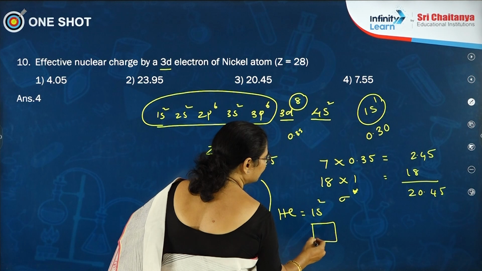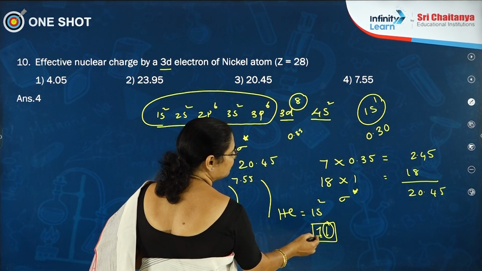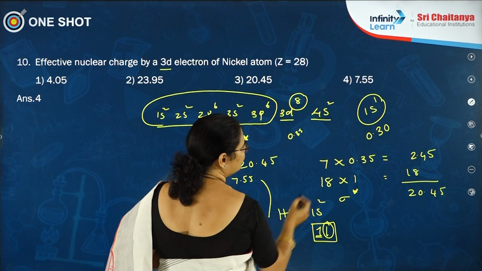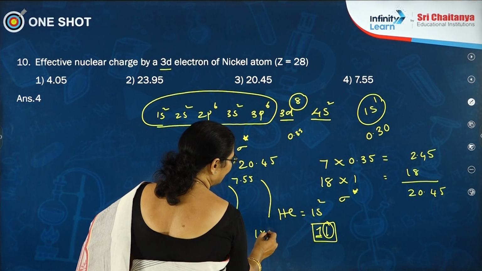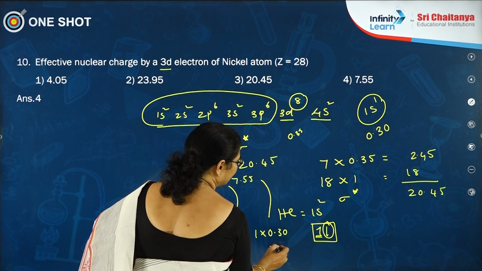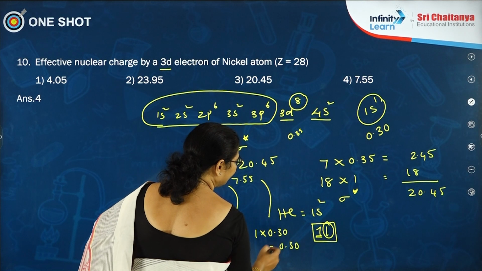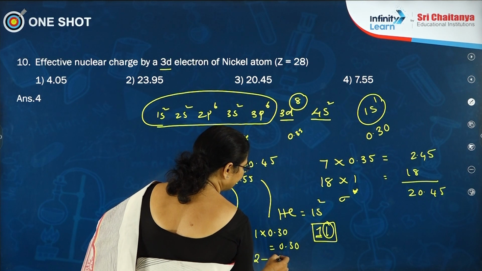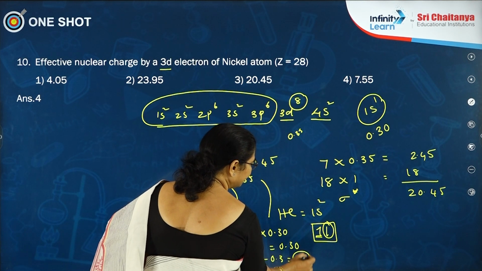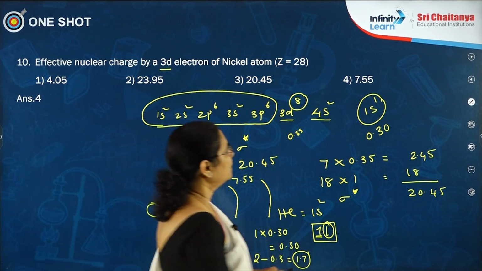So, 2 electrons are present, we are finding the screening for the second electron, and the other 1s electron provides 0.3. So, 1 into 0.30 is 0.30. The atomic number of helium is 2, so 2 minus 0.3, answer is 1.7. This is an exceptional case. Next.